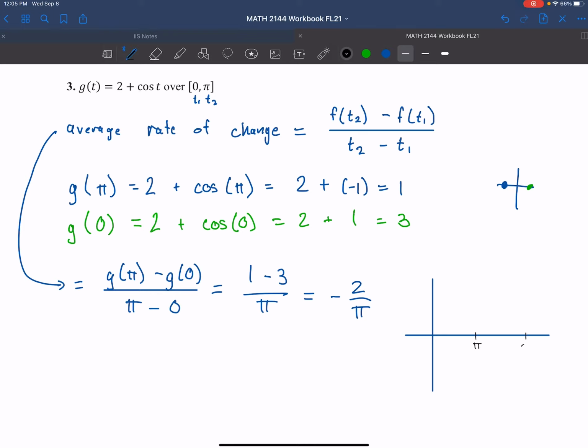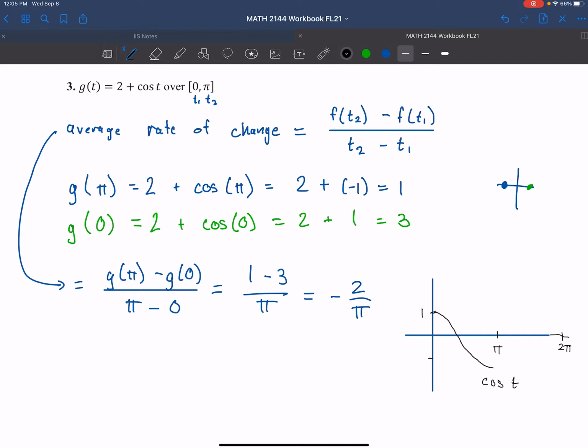Let me spread this out a little bit. Here's pi, over here is 2 pi, and let's say that this is 1 right here. What I've graphed in black is cosine of t.